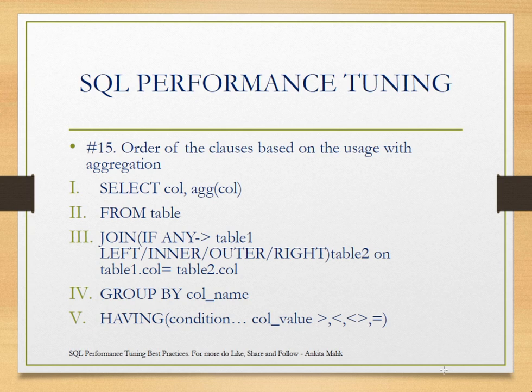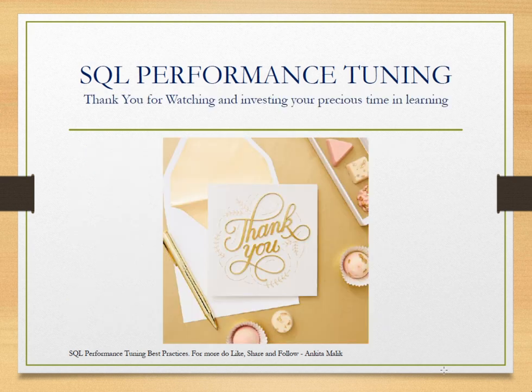Try to avoid the cross join for Cartesian products because it is again going to impact your performance. Then specify the join condition with table 1 dot column and table 2 dot column name, and then the GROUP BY column name. HAVING your condition, whatever column value you want to filter your data on. So that is again one of the best practices.